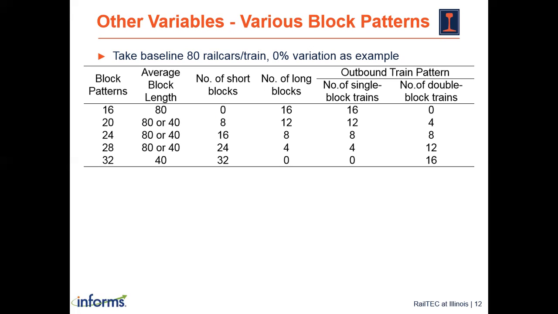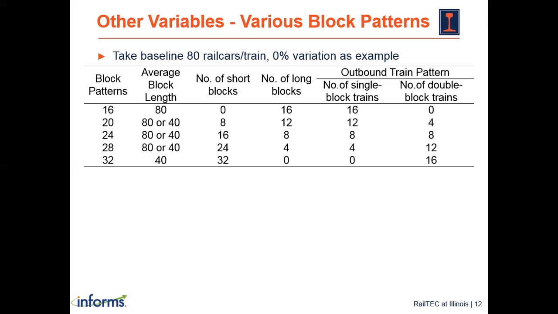For 16 blocks, each block contains 80 rail cars, which is called a long block, and each outbound train hauls one long block during the departure. For 32 blocks, each block contains 40 rail cars, which is called a short block, and each outbound train hauls 2 short blocks. For 20, 24, and 28 block scenarios, both short and long blocks are built in the yard, resulting in outbound trains that either carry a single long block or 2 short blocks.